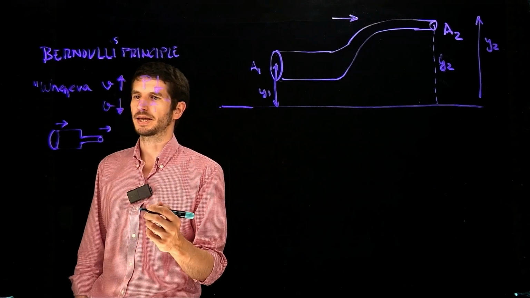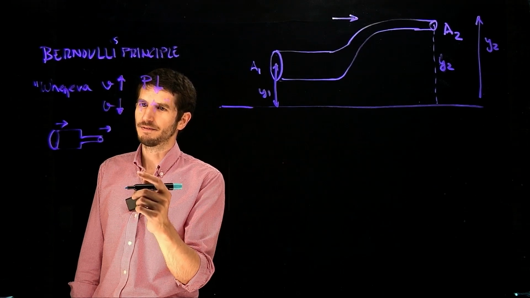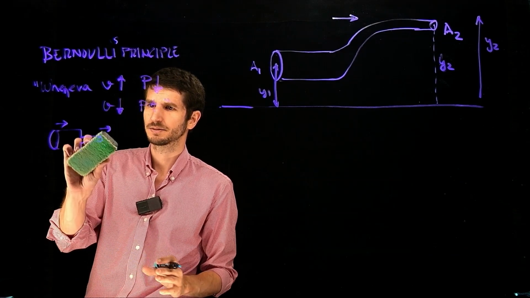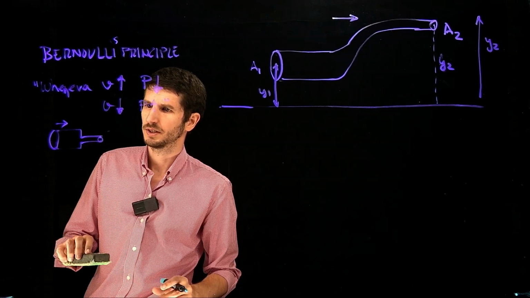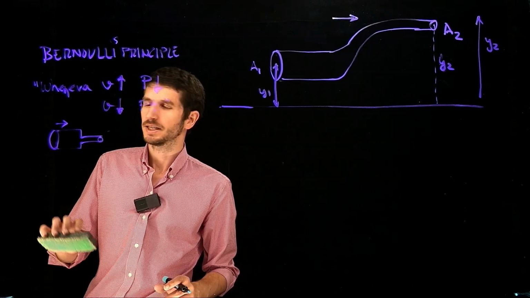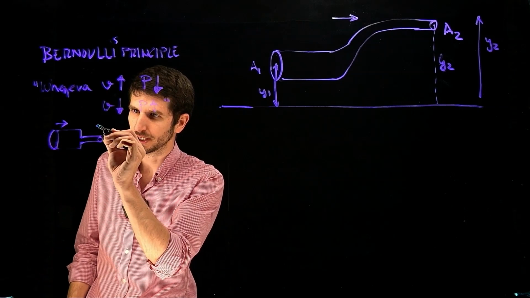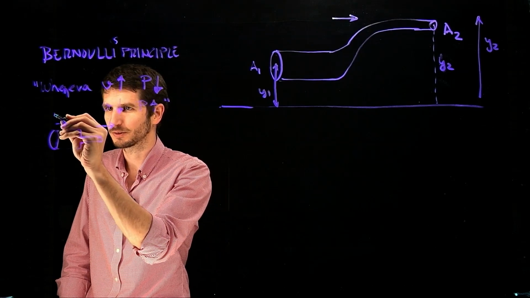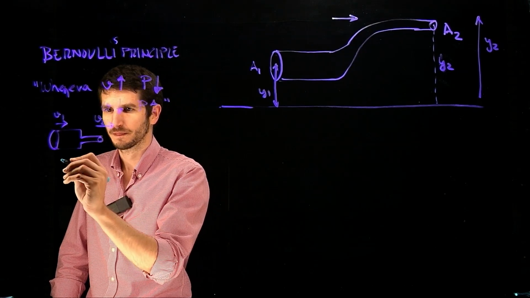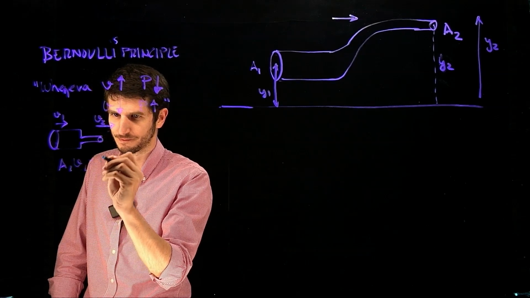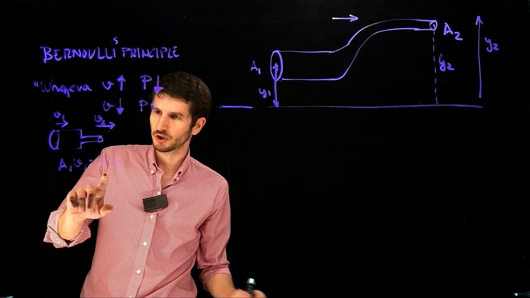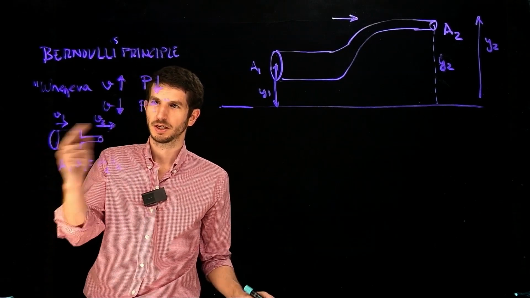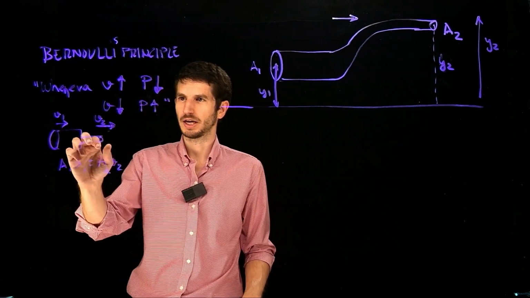And let's say also that in this case, if this cross section is smaller, the velocity needs to be higher, right? So now velocity here is faster. So velocity in, velocity out, faster.